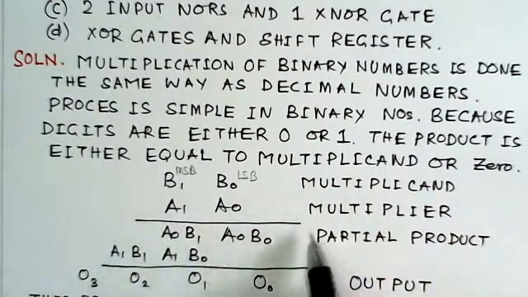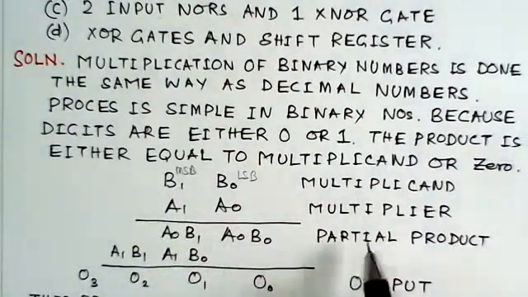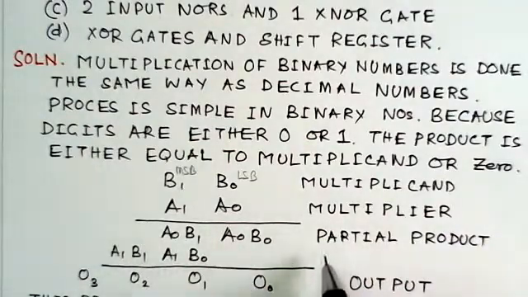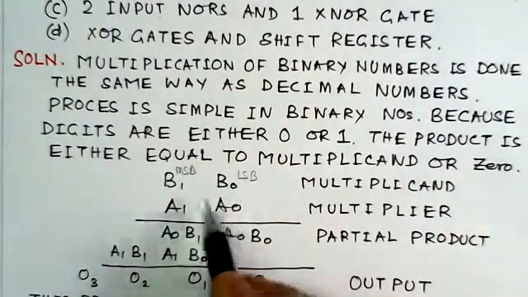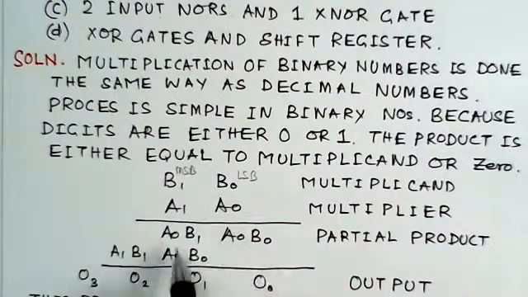This is the multiplier, A1, A0. Now we multiply as usual. We multiply with this LSB, with this, and with this. So you get A0 B0, A0 B1. Then you multiply A1 B0, shift one place to the left, and then A1 B0 and A1 B1.